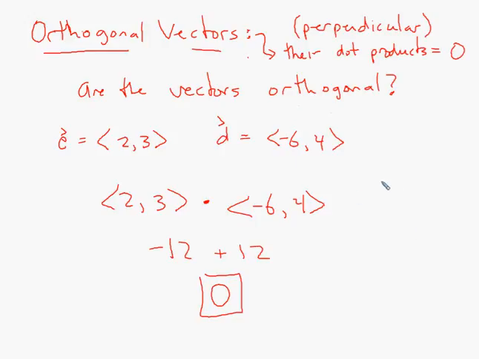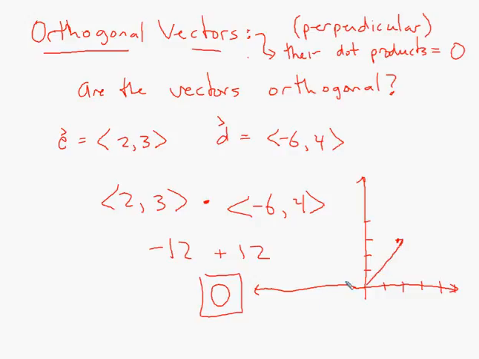If I were to sketch those two vectors really quick, negative 6 is way over here. 2, 3. Boom. This vector.